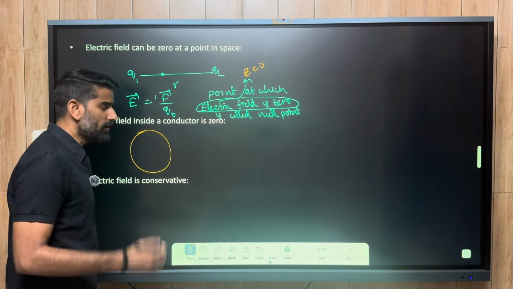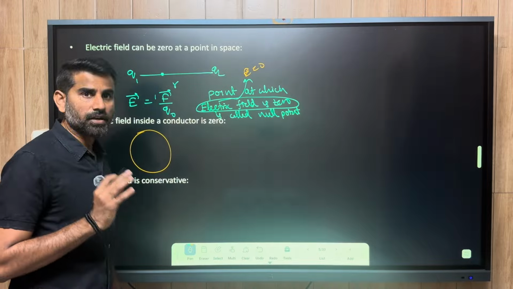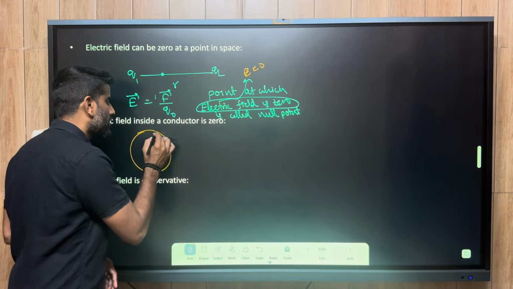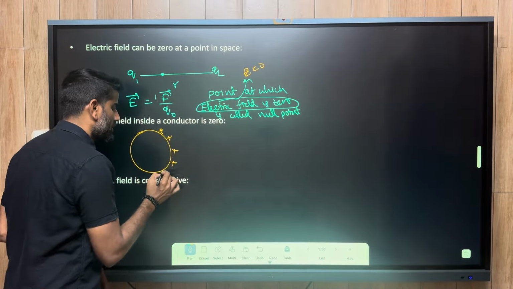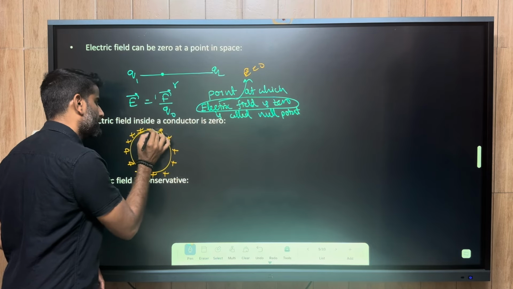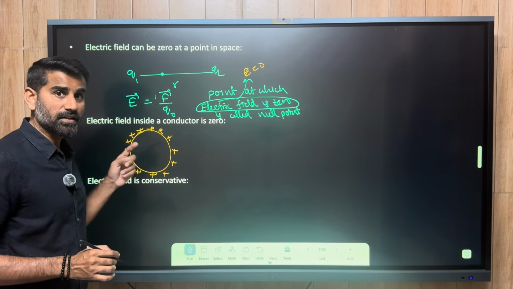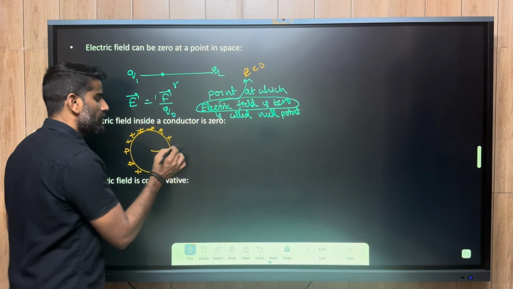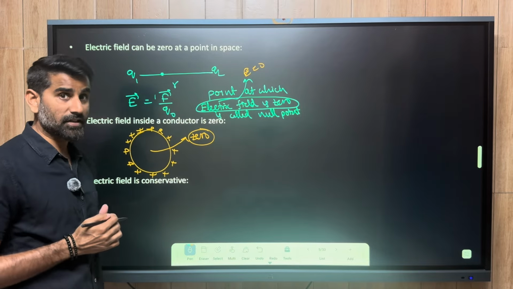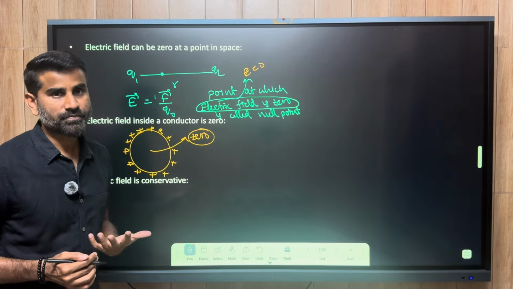If I have given a certain amount of charge to this conductor, then the entire charge redistributes on its surface. The charge enclosed inside the conductor is zero. If the charge enclosed inside the conductor is zero, then obviously the electric field inside the conductor is zero.